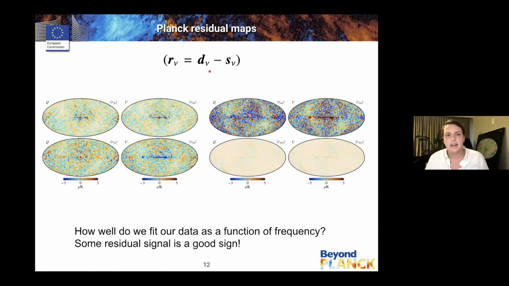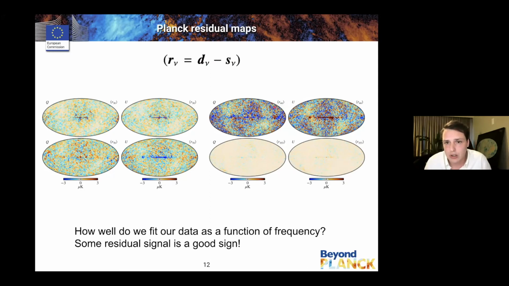And this is the 30, 44, 70, and 353 frequency bands. And overall, they look very nice. There's very little excess signal here. Some small stuff along the galactic plane, but overall looking very good.